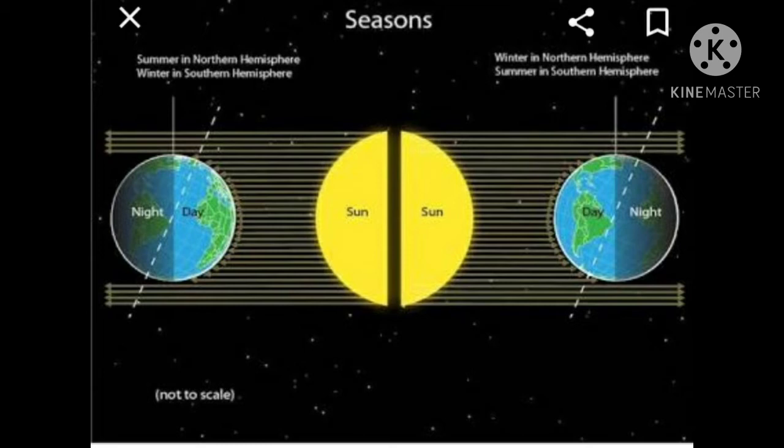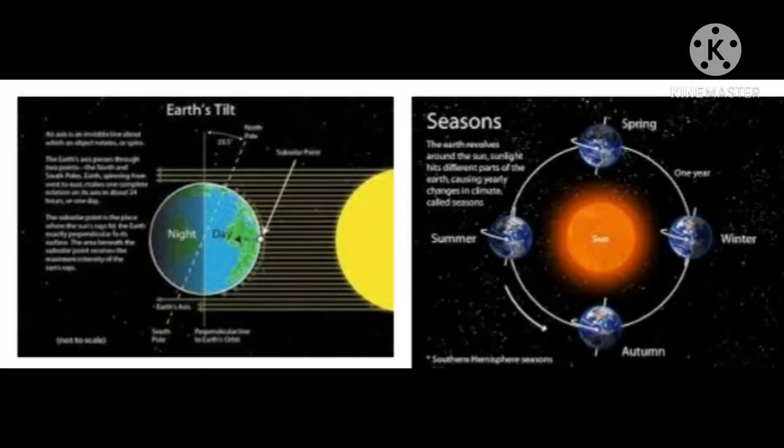Let's take information about perpendicular sun rays in the region from the equator to Tropic of Cancer and from the equator to Tropic of Capricorn. The sun rays are perpendicular at the equator on 22nd March and 23rd September.